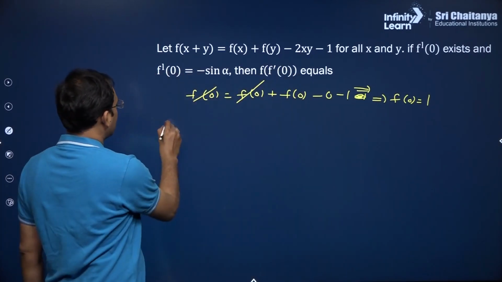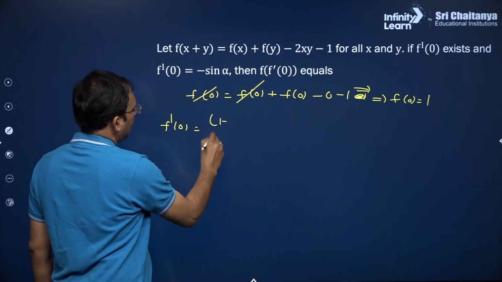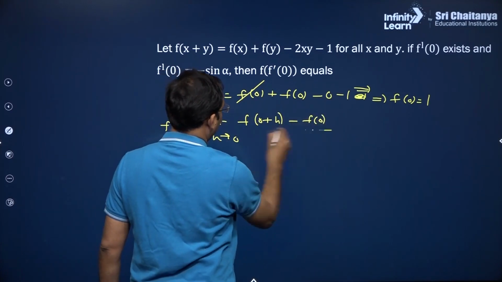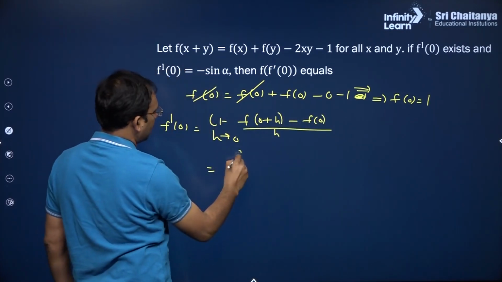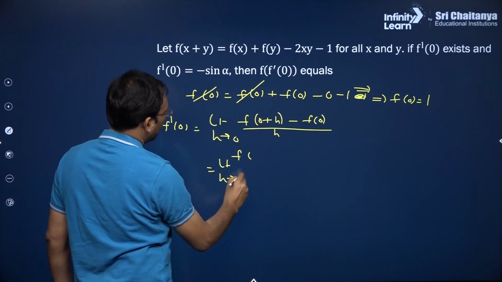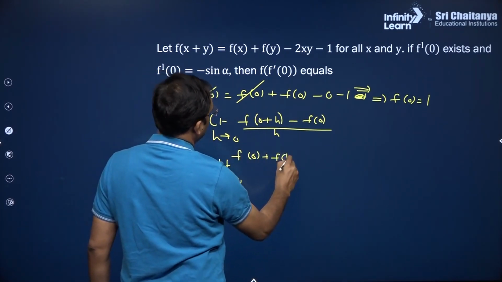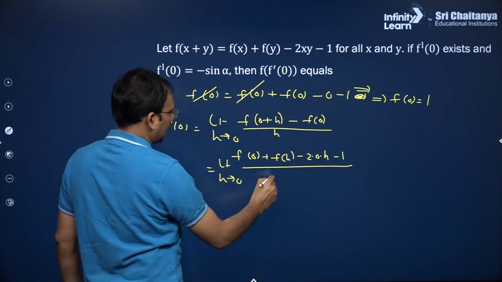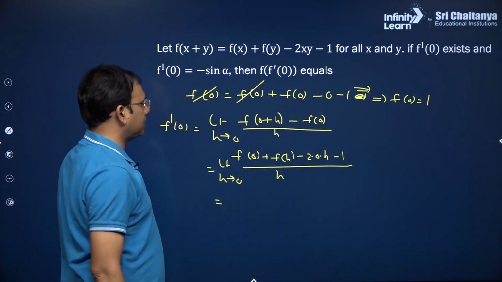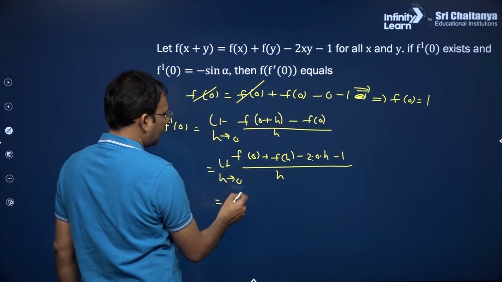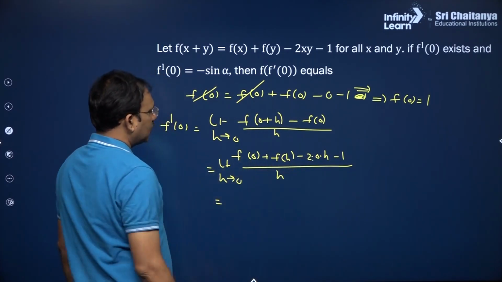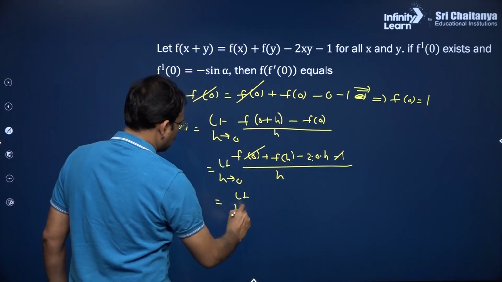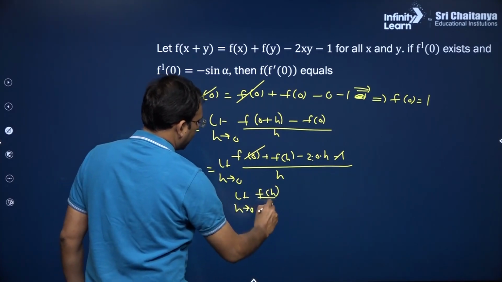Second observation, f dash of 0 means, my dear friends, limit h tends to 0, f of 0 plus h minus f of 0 by h, which by this definition is limit h tends to 0, f of 0 plus f of h minus 2 into 0 into h minus 1 by h, my dear friends. So f of 0 is clear, 1, 1 minus 1 got cancelled, you will get limit h tends to 0 f of h by h, my dear friends.